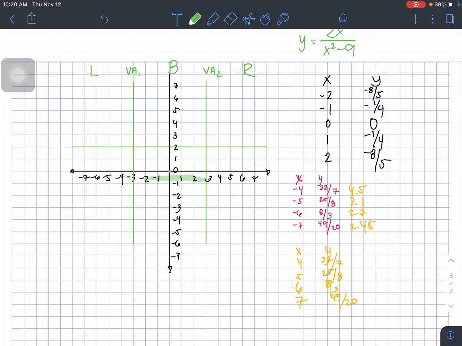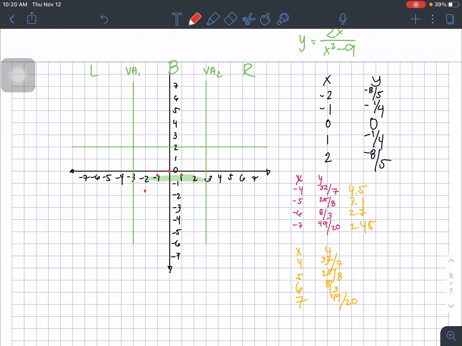So we would like to plot these points. Negative 2 and negative 8 over 5, so maybe around here. I'll be using another color. Negative 1 and negative 1/4, maybe around here. 0 and 0 here. 1 and negative 1/4 around here.